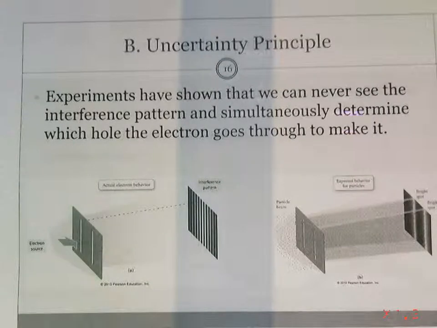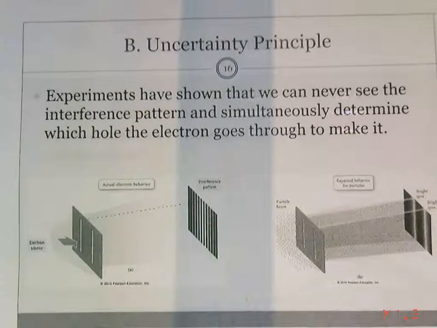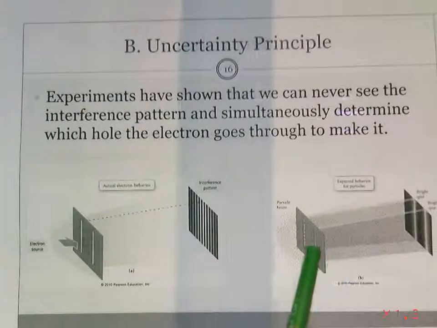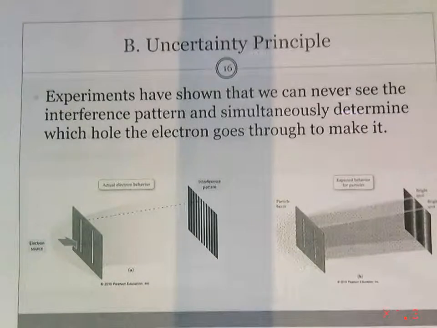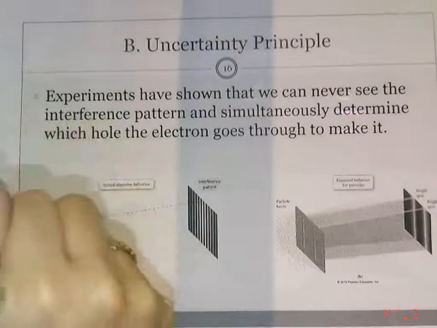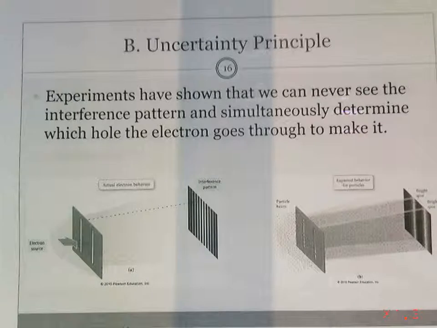We know that's going to happen, but there's no way to know exactly which electron is hitting someplace. If you thought about it as particles, like a tray of marbles with only 2 slits to go through, they should come through in 2 straight lines. There's only 2 spots for them to come through, which would be true if they're acting as a particle. But because electrons are acting like waves, they interfere with each other like we saw in the video on Tuesday, and we see a bunch of lines.